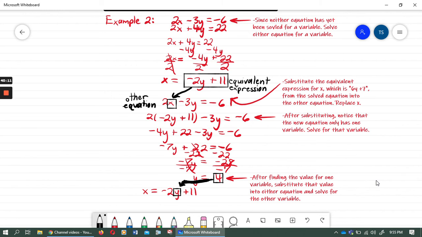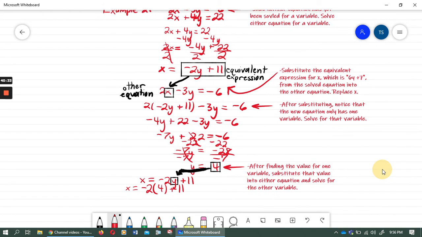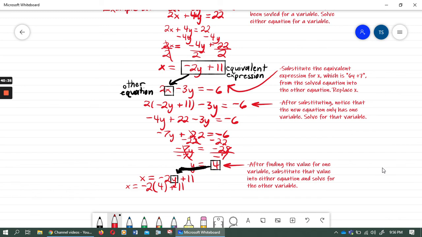Okay, so if we plug in this y value of 4, it's going to be x equals -2, and instead of y we're going to write 4, plus 11. When we simplify that, we've got -2 times 4, which is -8, and -8 plus 11, which winds up being +3.